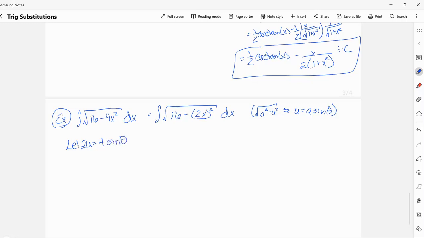So notice my u here is that thing that I'm squaring right here. So that means 2u over 4 is equal to sine, which means u over 2 is equal to the sine. So let's build our triangle.